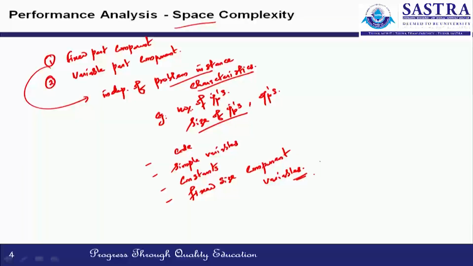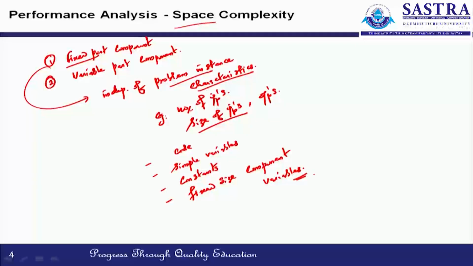In general, the algorithm's space complexity is computed by adding the corresponding fixed part component memory plus variable part component memory. In the fixed part component, the memory is completely independent of the problem instance characteristics.